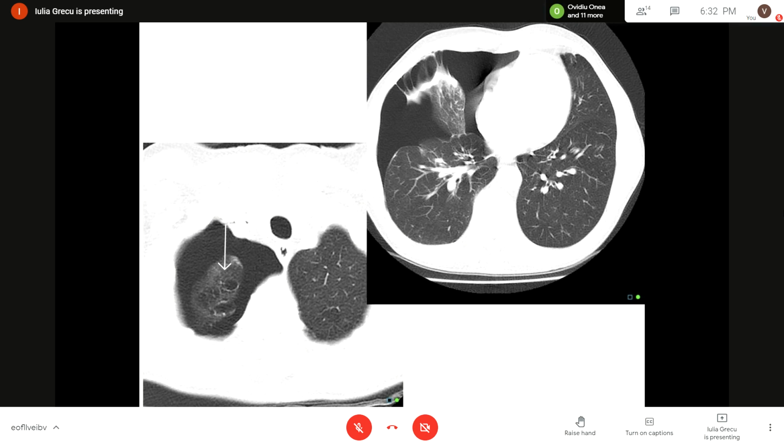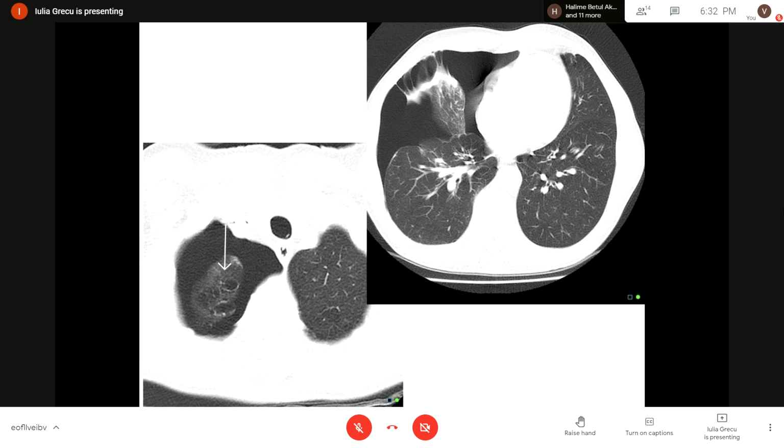There is an accumulation of air between the parietal pleura and the visceral pleura that you can see here, like this thin band, hyperdense here. What you can say also on CT, there are a lot more details regarding the underlying diseases in the lung that could have contributed to the pneumothorax.